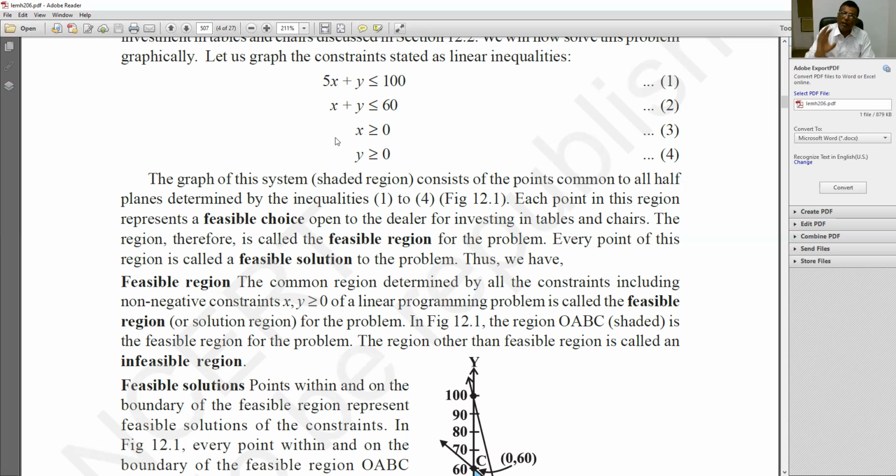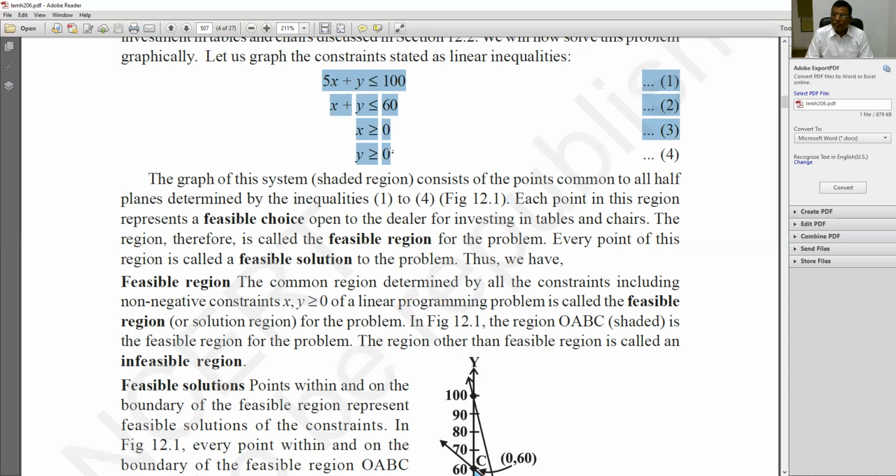Suppose you are lucky and you are already given the formulated problem: 5x plus y less than or equal to 100, x plus y less than or equal to 60, x greater than or equal to 0 and y greater than or equal to 0. Then we have to solve these with the help of a graph.